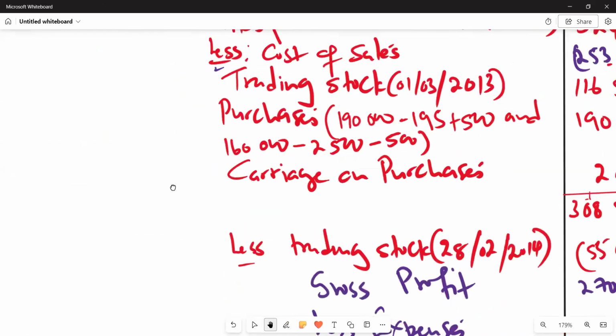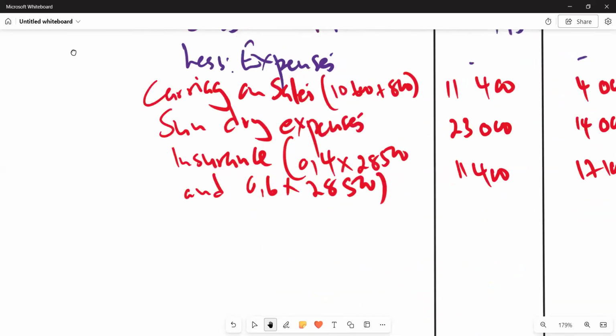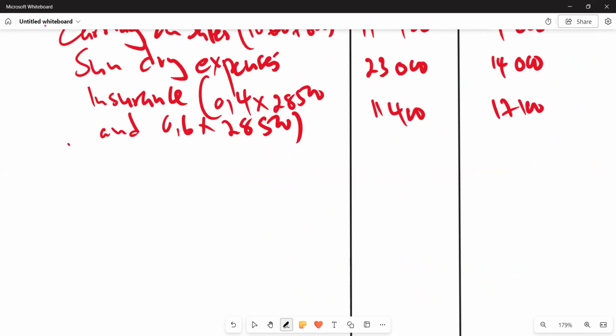We are saying rent, whereby in brackets, we are saying the first one is 80 over 200. 80 over 200, and we are multiplying by 228,000, which is here.